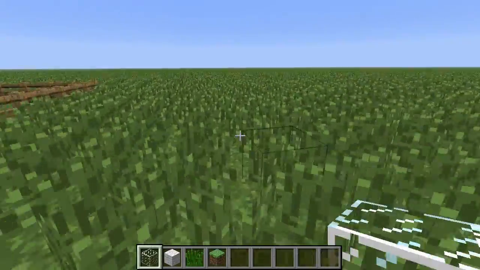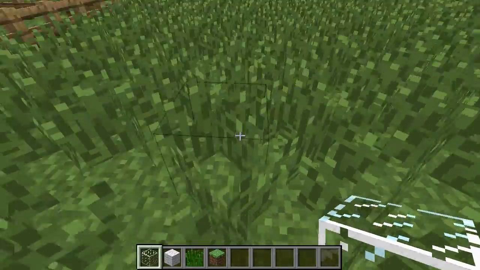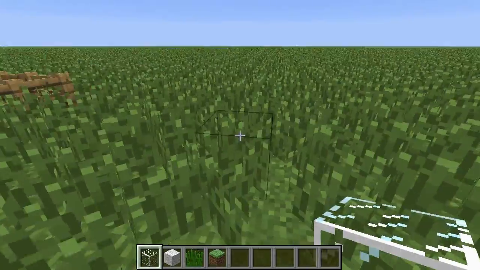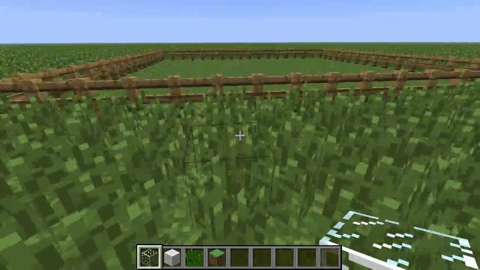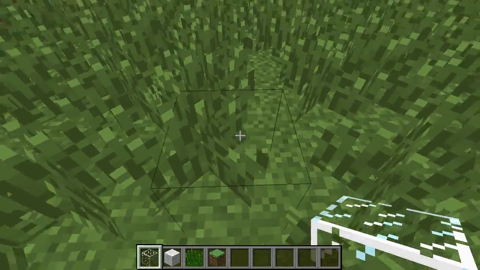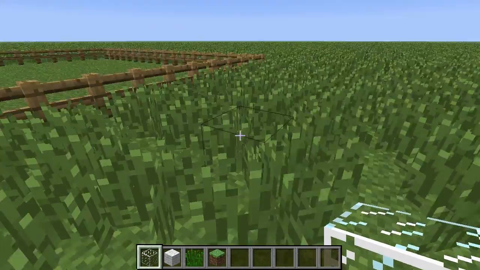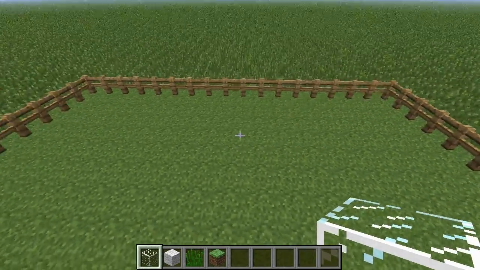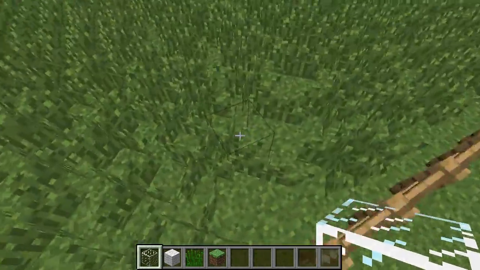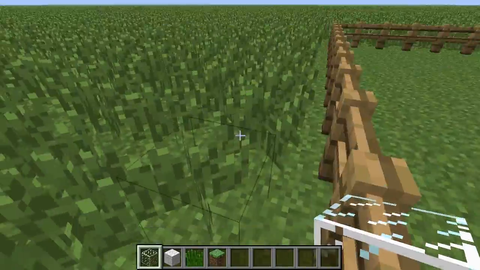And that means that the spawning algorithm is able to place mobs inside blocks of this type. However, they do prevent mob spawning.